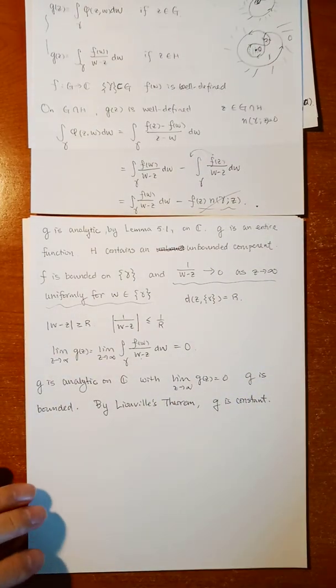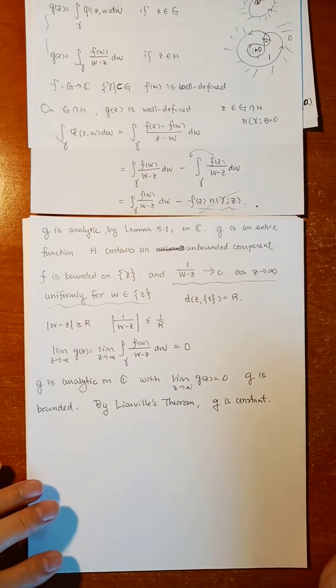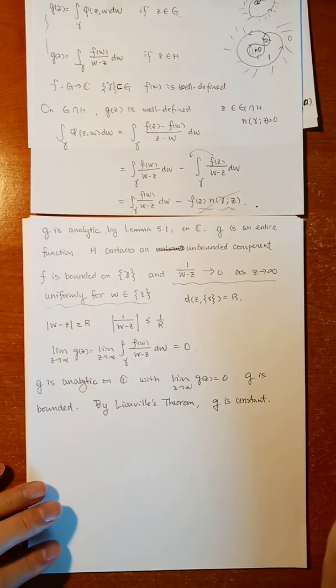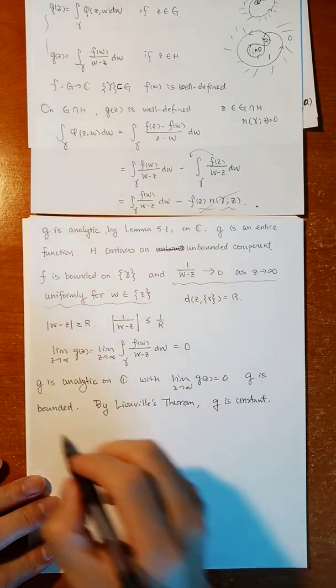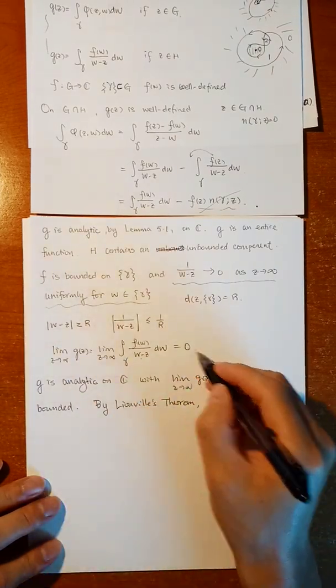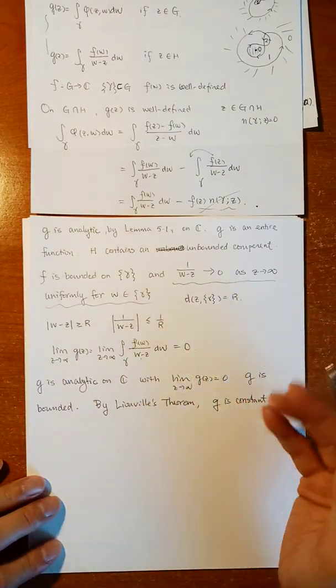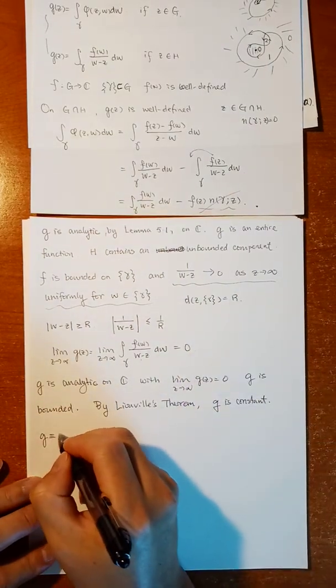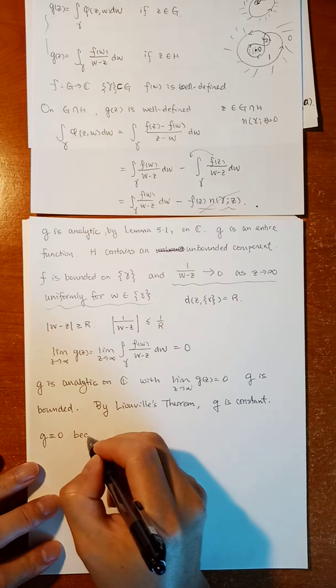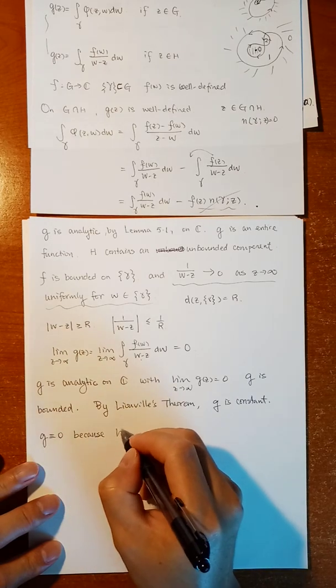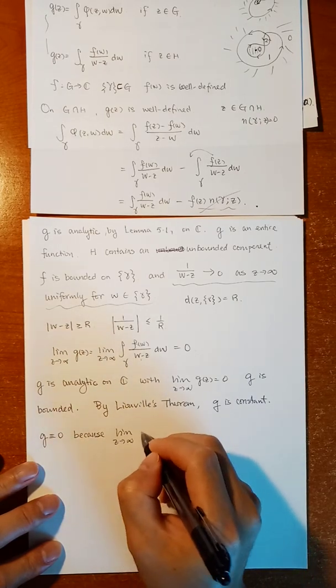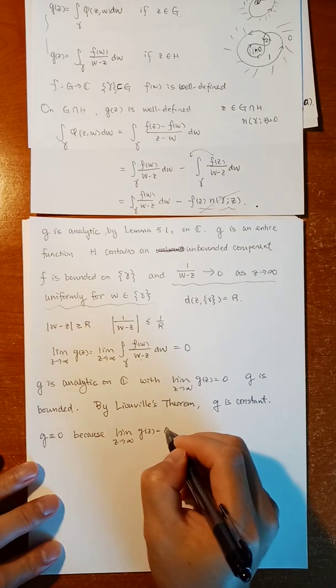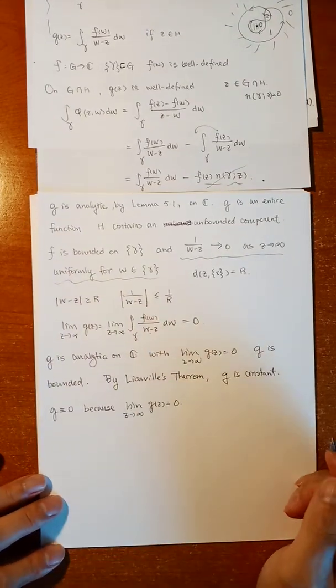A constant function has the same limit everywhere, but the limit at infinity is 0, so g has to be the zero function.